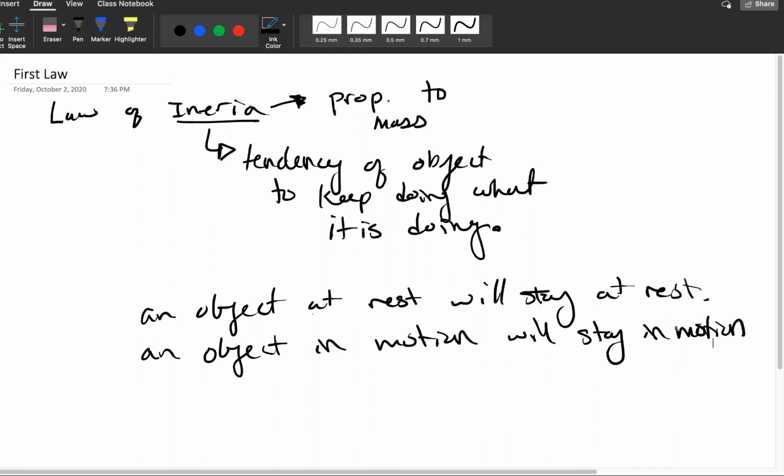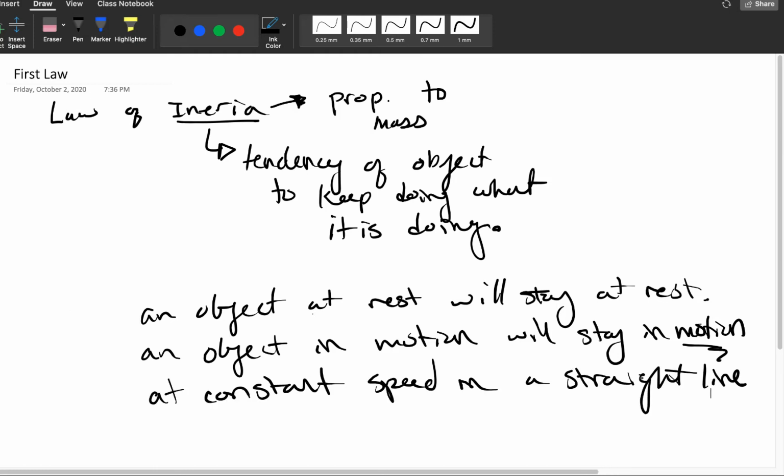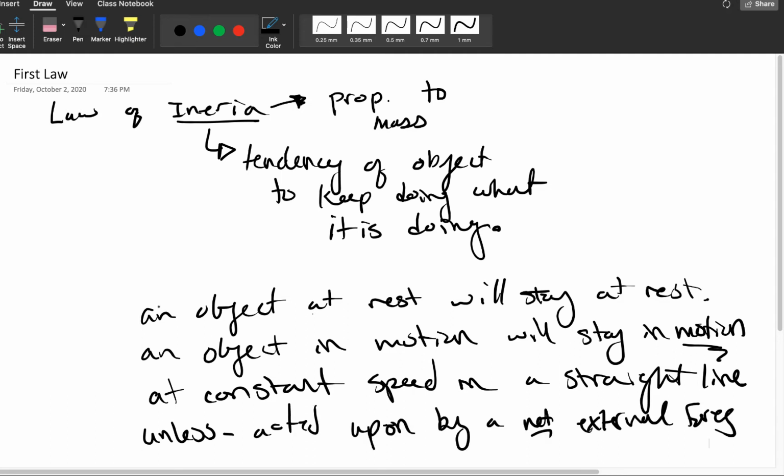The 2 next pieces are what that motion is, and that motion is with a constant velocity, or I'm going to break it down to say at a constant speed in a straight line, just to be specific. Now, unless acted upon by a net external force. This is Newton's first law of motion.